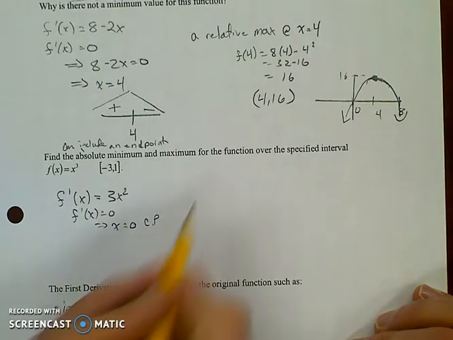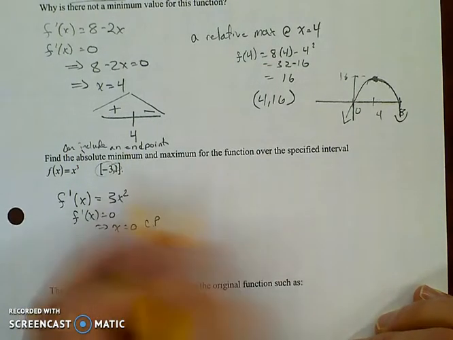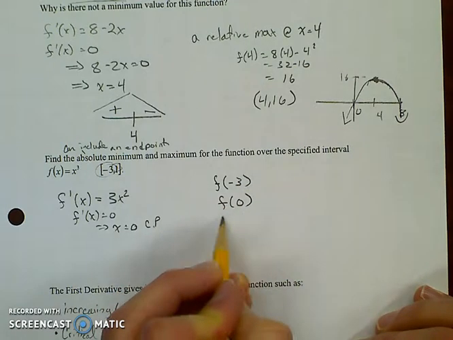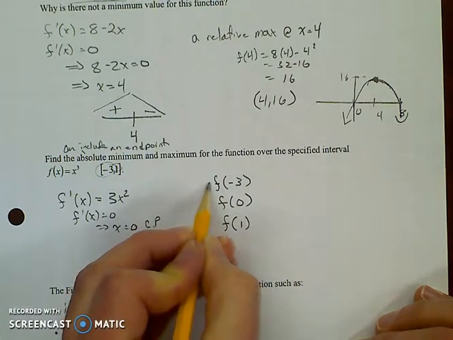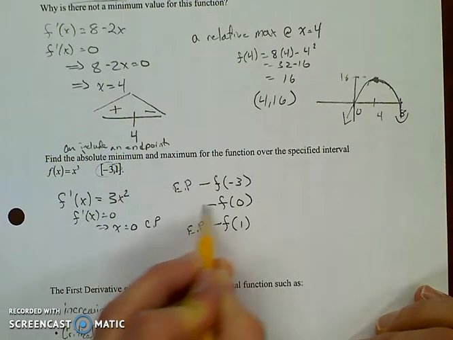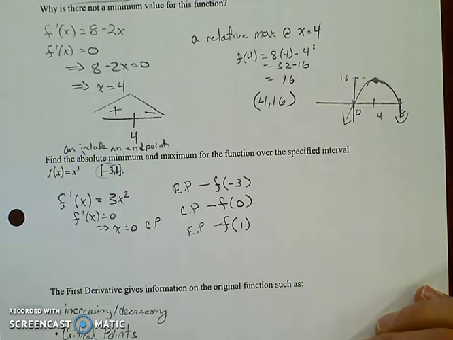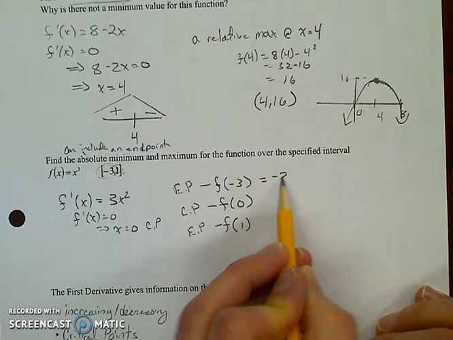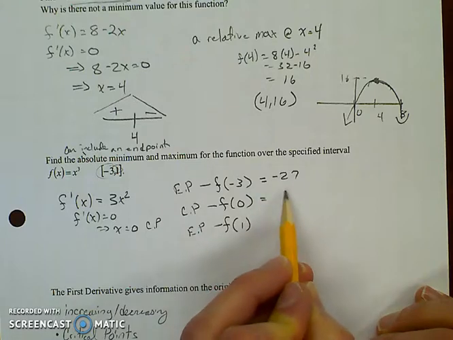And so what we are going to do, since these are endpoints, is test f of negative 3, f of 0, and f of 1. This is an endpoint, this is an endpoint, we test. This is a critical point, so we test that. We plug back in. Negative 3 cubed is negative 27. 0 cubed is 0.